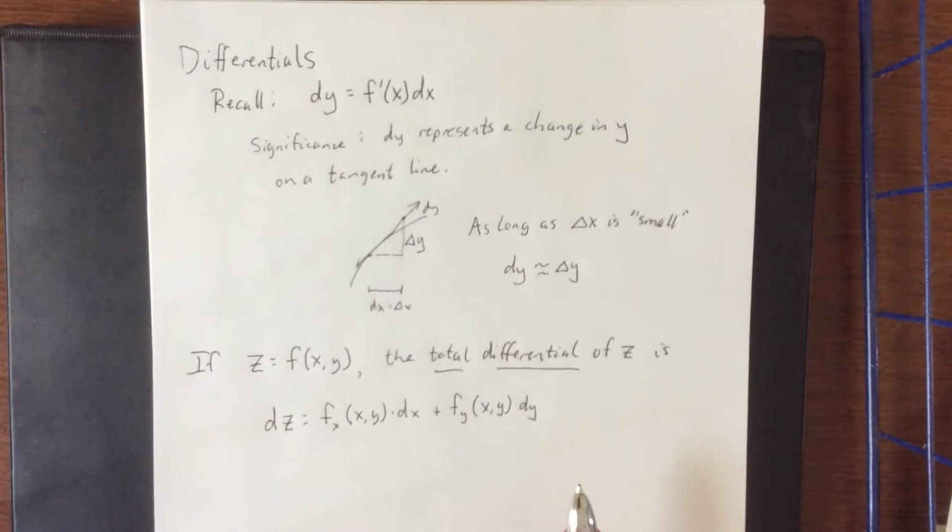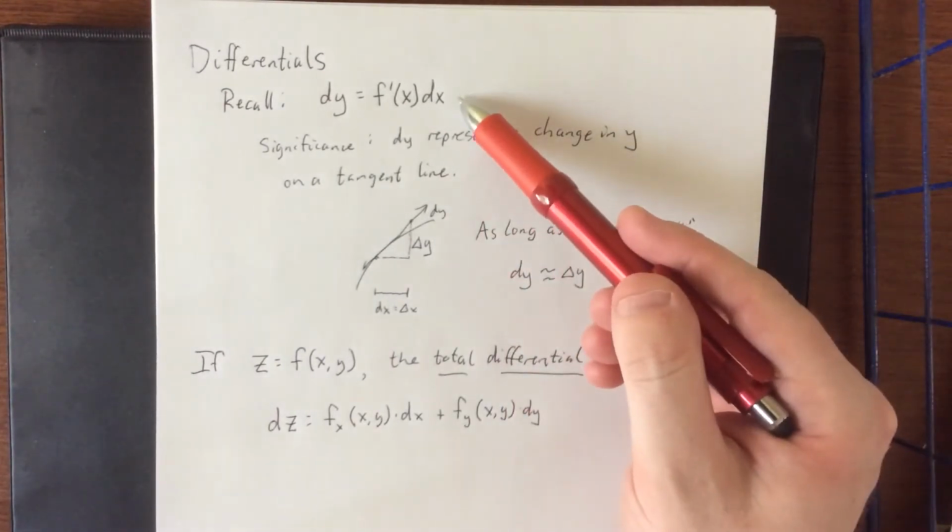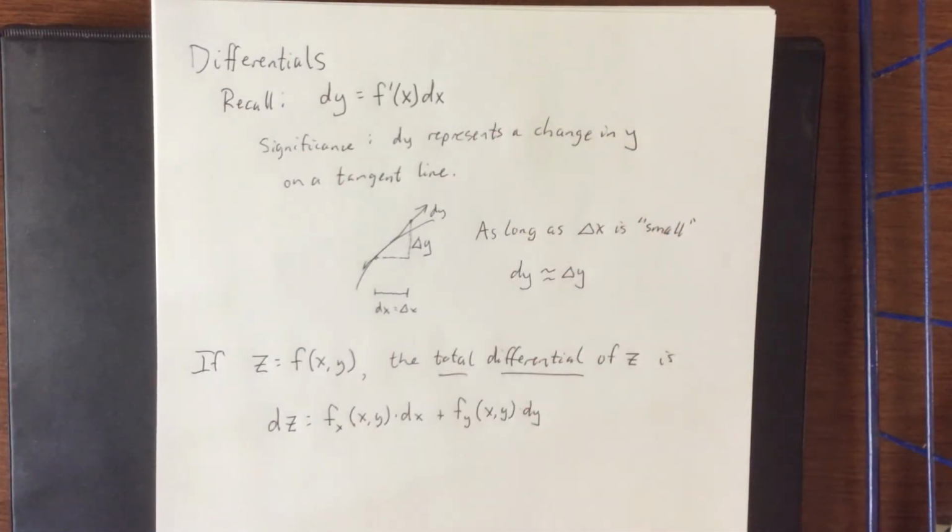It's essentially the same formula as before, but now since we have 2 independent variables, we will need 2 different partial derivatives.